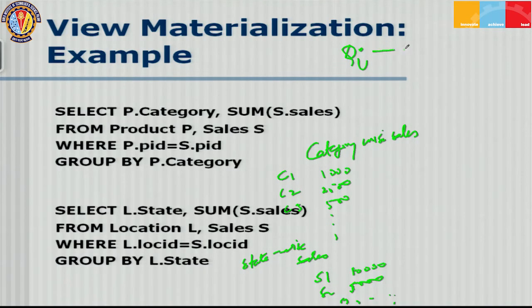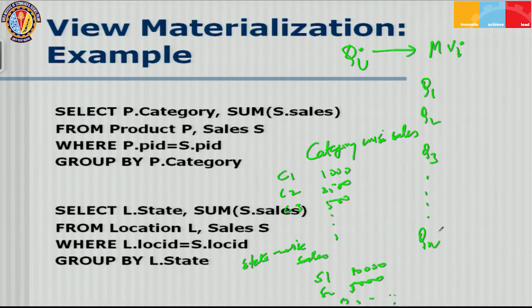Now, as I told you, it is not possible that for every query Qi that I have on my database, I have a corresponding materialized view. So what we try to do is, suppose I have some queries, say Q1, Q2, Q3, and so on, up to Qn. Possibly I'll try to create a materialized view, I'll call it 1,2, because it benefits queries 1 and 2, helping both queries Q1 and Q2 execute faster using the concept of materialized views.